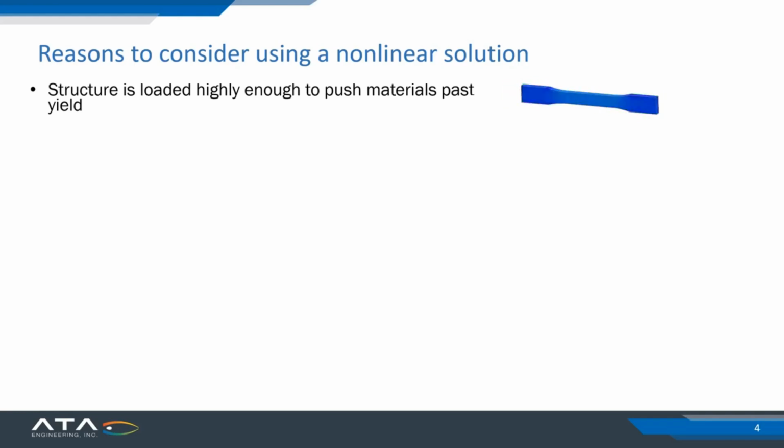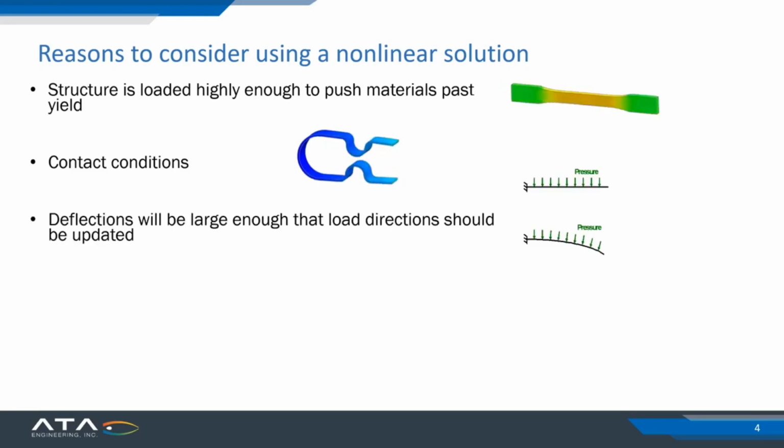So that dog bone is a perfect example of that. As I mentioned, contact is another perfect example of a nonlinearity where, because contact is creating a difference in the load behavior in compression versus tension, that is absolutely a nonlinear type of behavior.